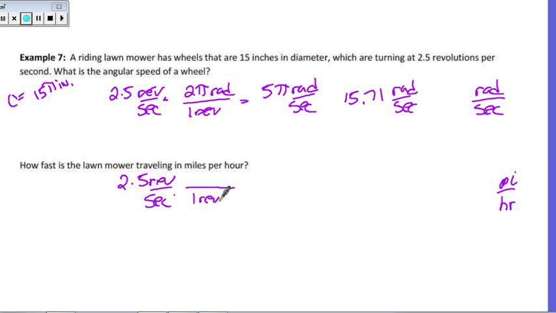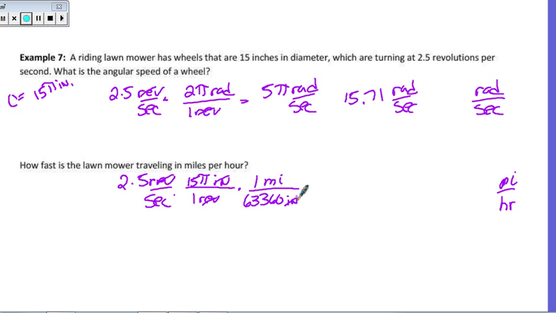Okay. So again, I need to get the revolutions out of there. So in 1 revolution, we already said there are 15 pi inches. Revolutions are out. I want to go to miles, so I got to convert these inches into miles. I see miles is in the numerator, so the mile is going to be up here. We have 63360 inches, so inches go away.